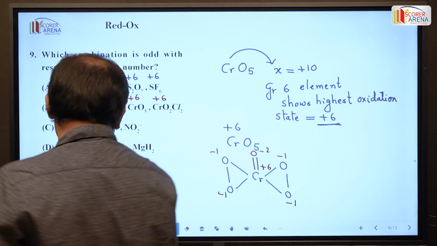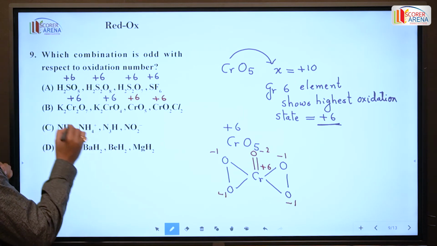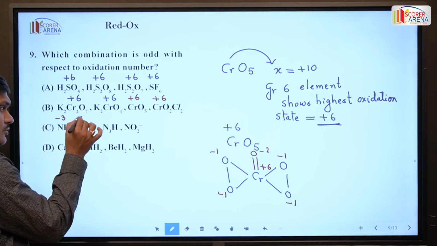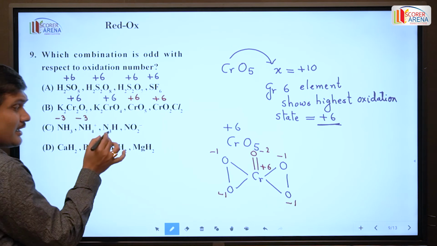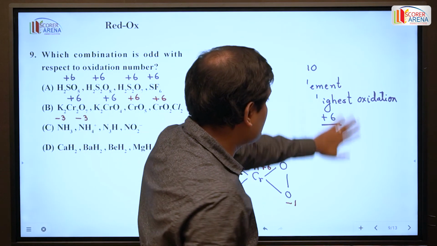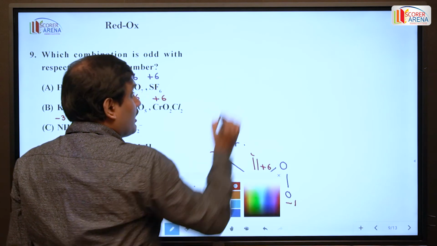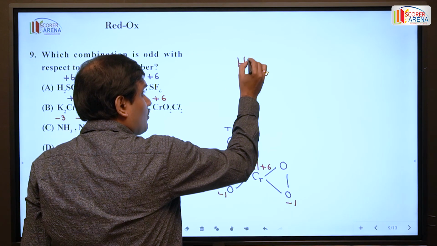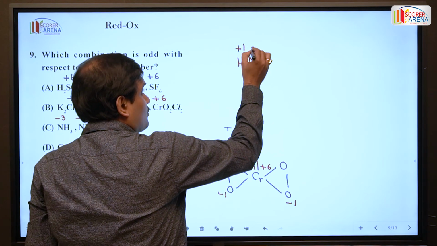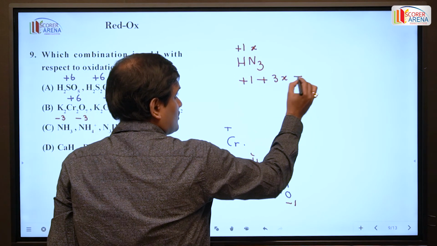Now think, in NH3, nitrogen is -3, and in NH4 plus, nitrogen is also -3. In HN3, nitrogen is in the -1/3 oxidation number. Take hydrogen as +1 and nitrogen as x, so you have the relation +1 plus 3x equals 0.